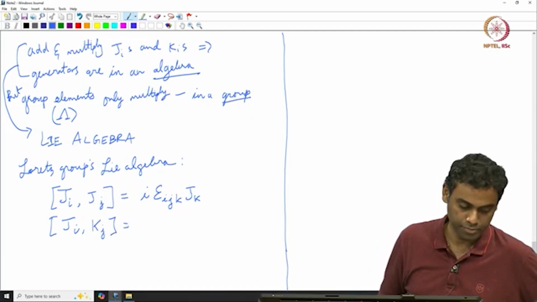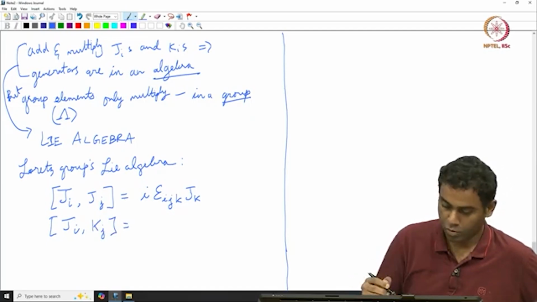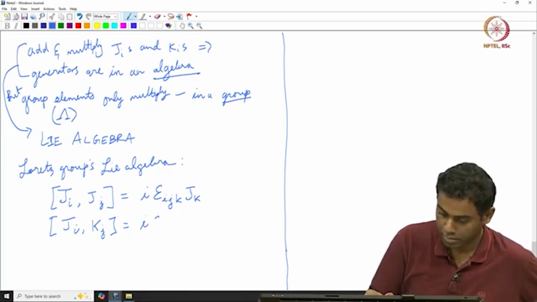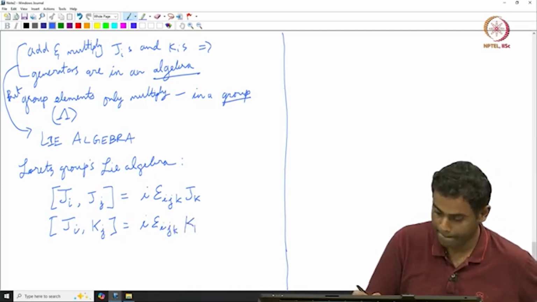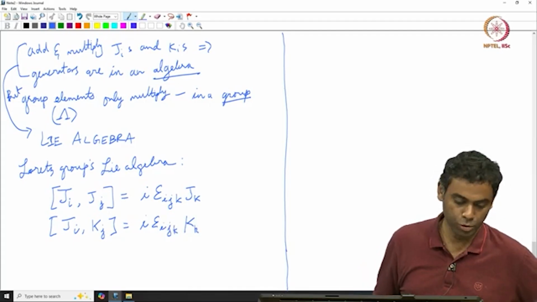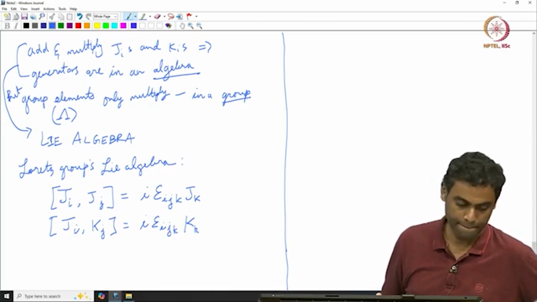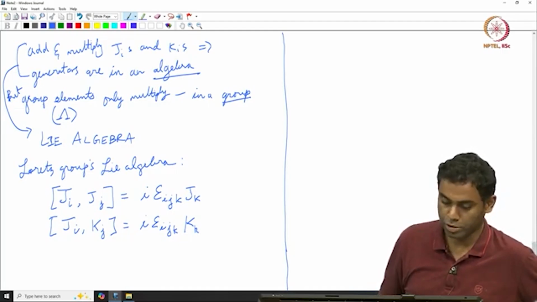But what about rotation and boost? That gives you back a boost, it turns out.